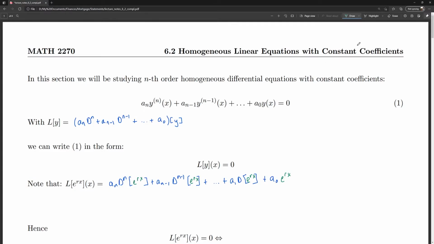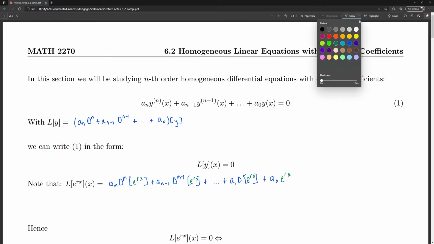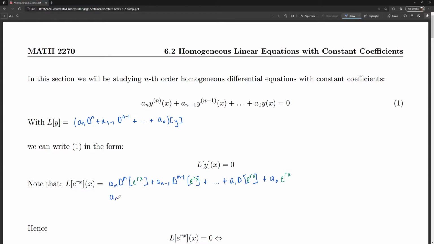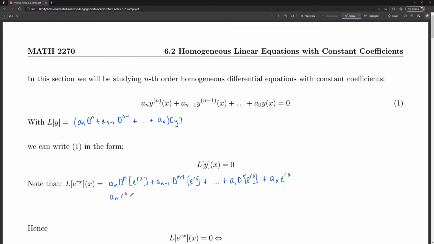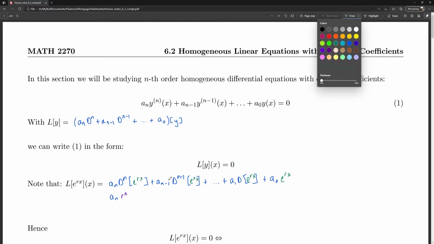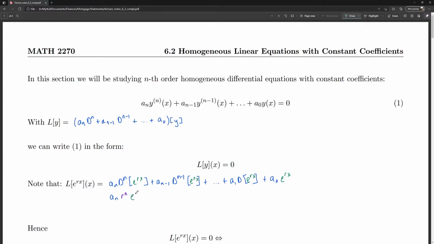So what we get here is a sub n, and then we have r to the power n, and then e to the power rx for the first term.